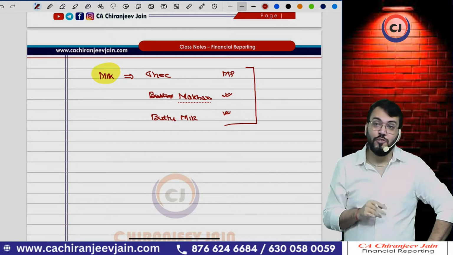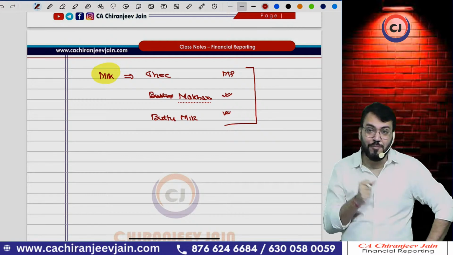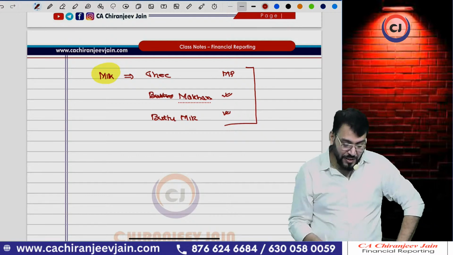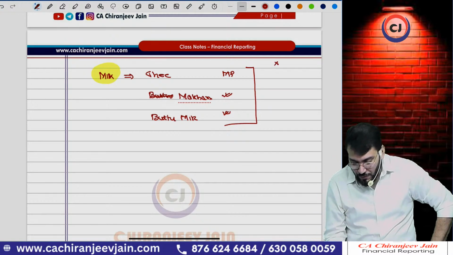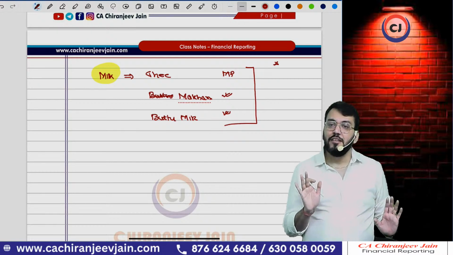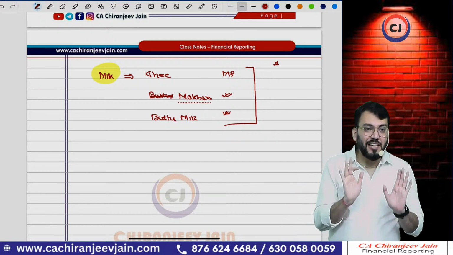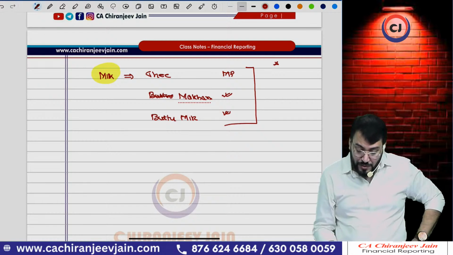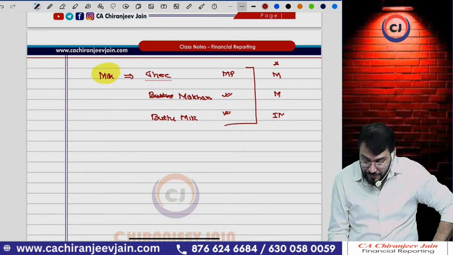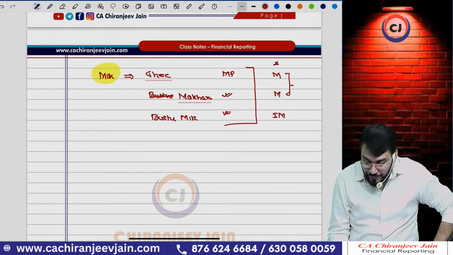Now say which one is the main product, which one is the joint product, which one is the byproduct. All are joint. Just try to understand. For accounting, I don't know what you have done in costing, but for accounting, see, all are products sellable in the market. But if the value of this is material, this is material, and suppose this is immaterial, so these two will be joint products, and this will be a byproduct.